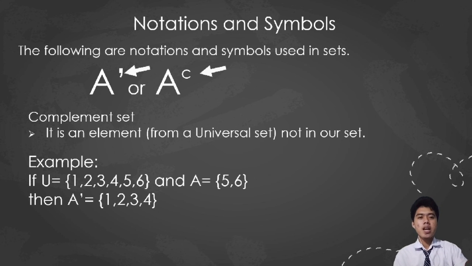Ito yung element na nasa universal set natin na wala sa set A. Example natin, if our universal set is 1, 2, 3, 4, 5, 6, and yung set A natin is equal to 5 and 6, then, therefore, yung set A complement natin is equal to 1, 2, 3, 4. Kasi ito yung nasa universal set na wala sa set A natin.